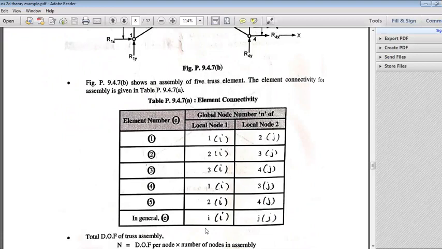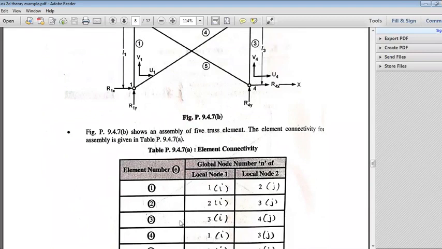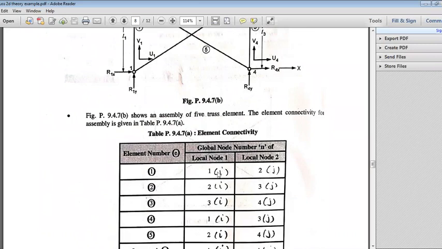Here, one more thing to keep in mind is that in the X direction the node numbering effect is given as I for the X direction, and if the Y direction is affected, the node numbering is J. You have to consider the effect of the first element in the x direction and y direction, the force effect.